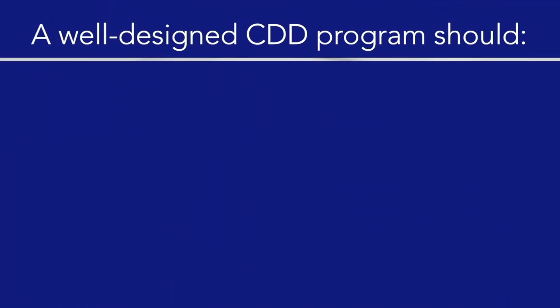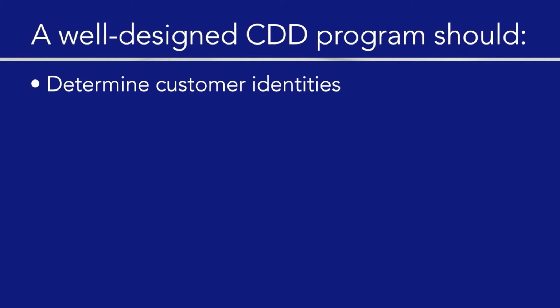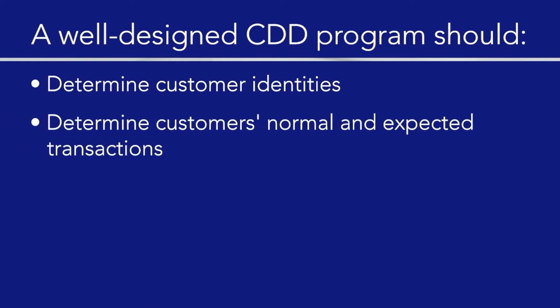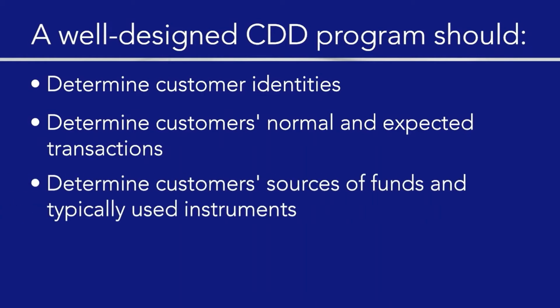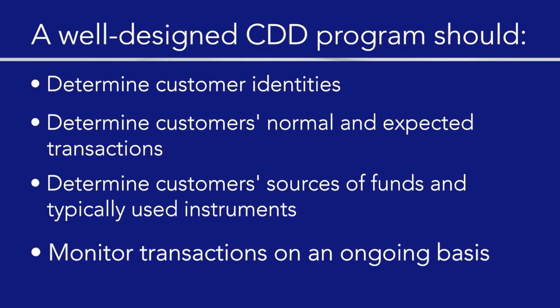Your institution's Customer Due Diligence (CDD) program will help you spot suspicious transactions. It should be designed to determine the identities of customers as part of your institution's Customer Identification Program (CIP), determine customers' normal and expected transactions, determine customers' sources of funds, including information on types of instruments typically used, and monitor transactions on an ongoing basis.